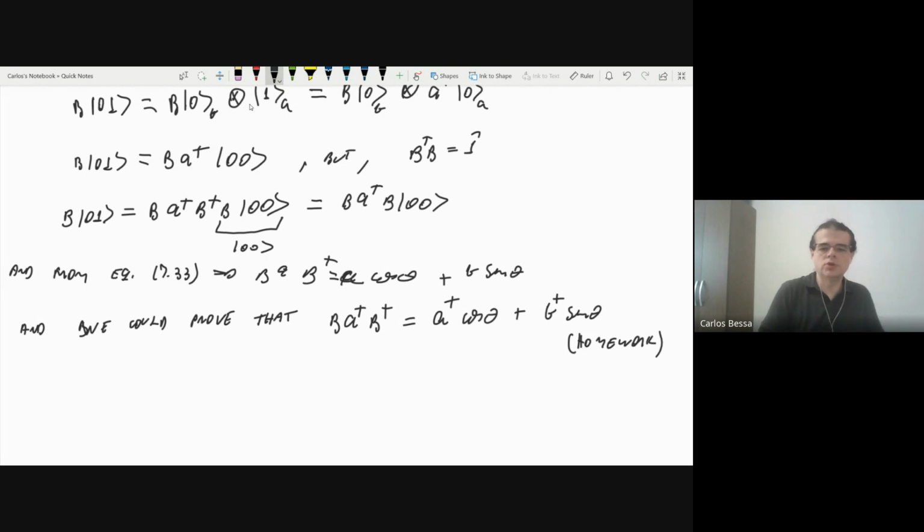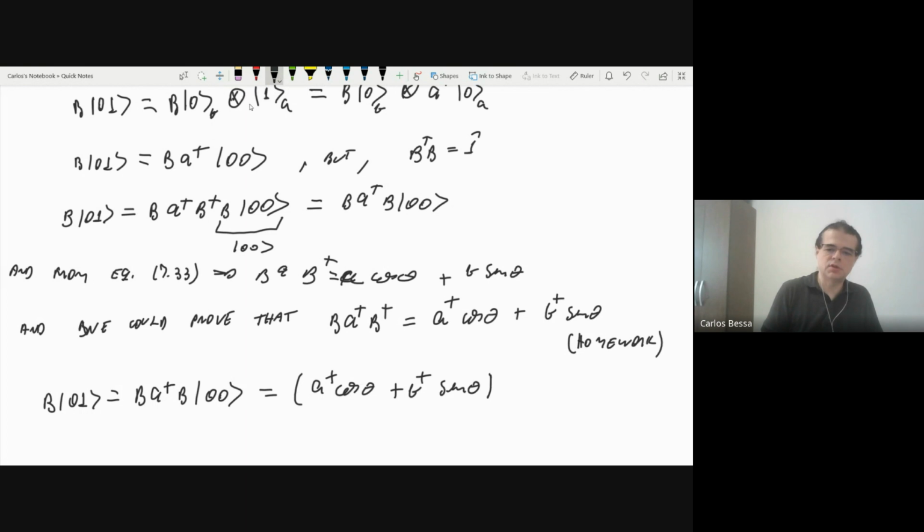Well, so using this formula here, we could find that B01 is this guy, B A dagger B dagger 00, which is A dagger cosine of theta plus B dagger sine of theta, 00.